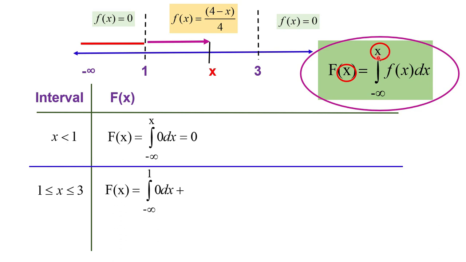To use this definition, we need to stop at x here. So we continue from 1 to x, and the function is (4 minus x) over 4 dx. So we already used the definition: you integrate from negative infinity to x, but you stop at 1 and continue from 1 to x.